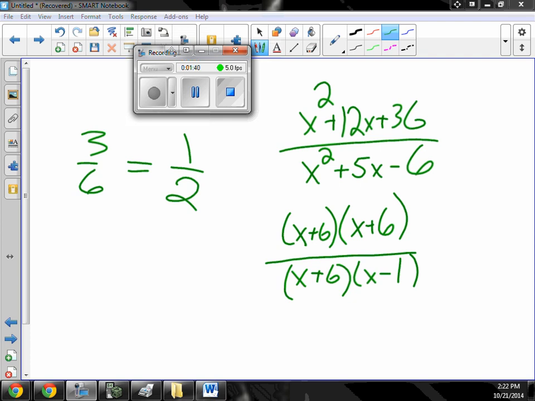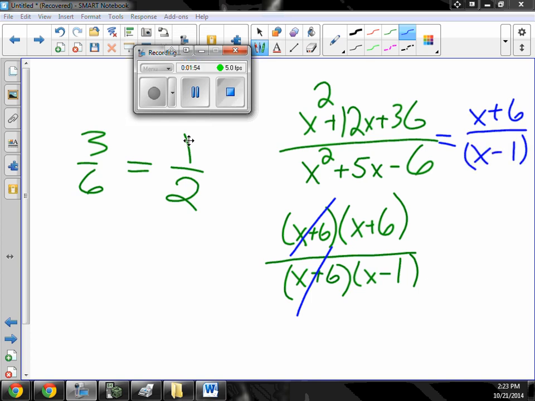So, okay, now I'm going to cancel these, and I'm going to make the statement that this first rational expression is identical to x plus 6 over x minus 1, right? I'm going to create a graph full of fractions, right?